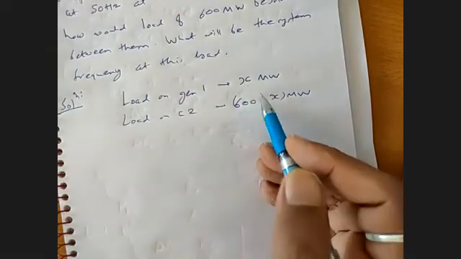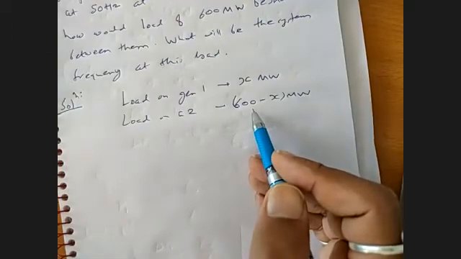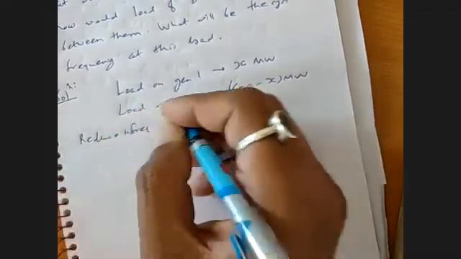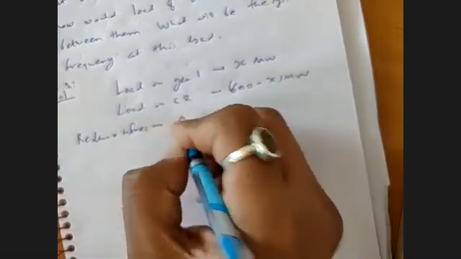Because we have to share a 600 megawatt load, one will be taking X and the second will be taking 600 minus X. Now we consider the reduction in frequency to be delta F.